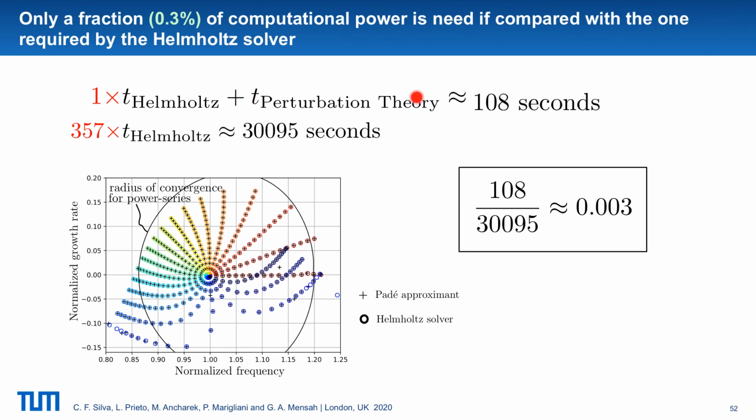Then we just apply the perturbation theory to obtain the coefficients omega k, to do this mapping from power series to Padé approximant, for example. And all this is obtained in only 108 seconds. Now we do the ratio, 108 over 30,000. We observe that we are increasing the efficiency more than 100 times.